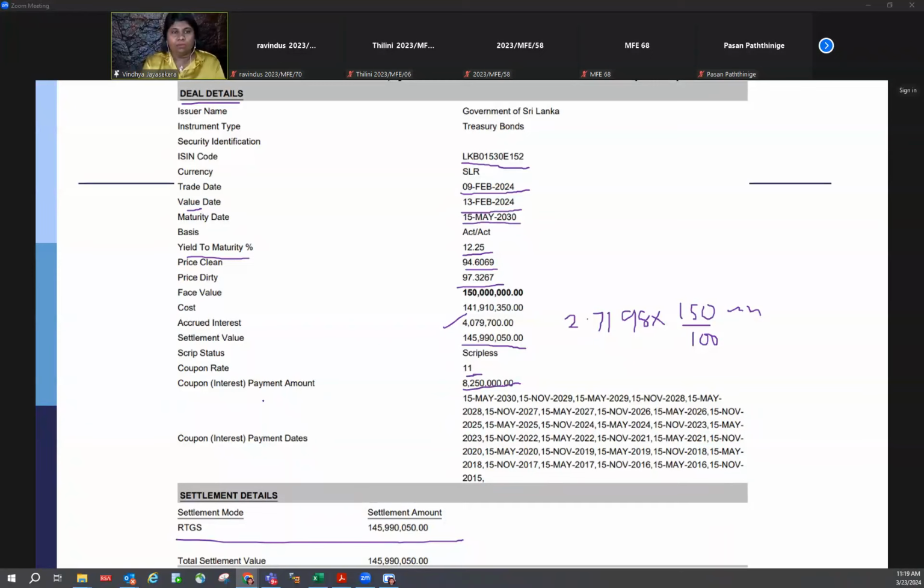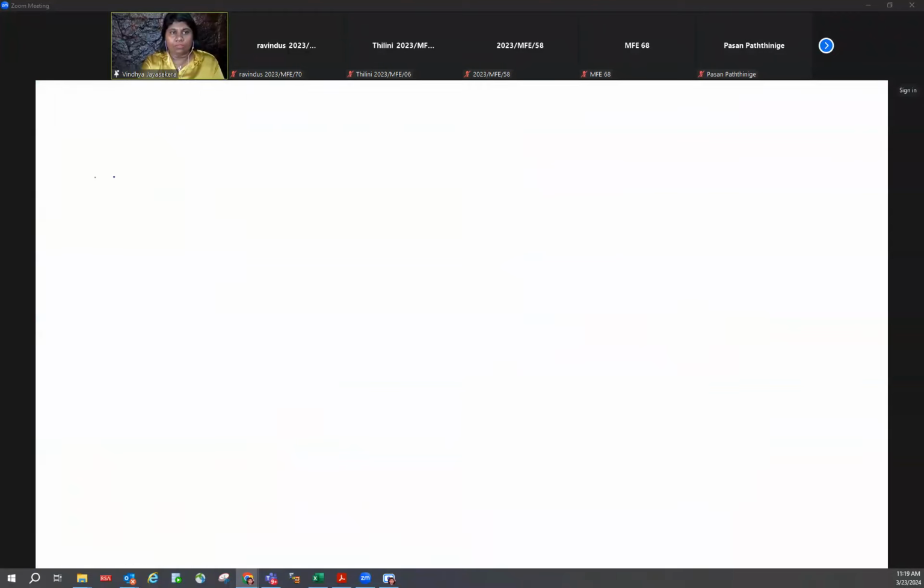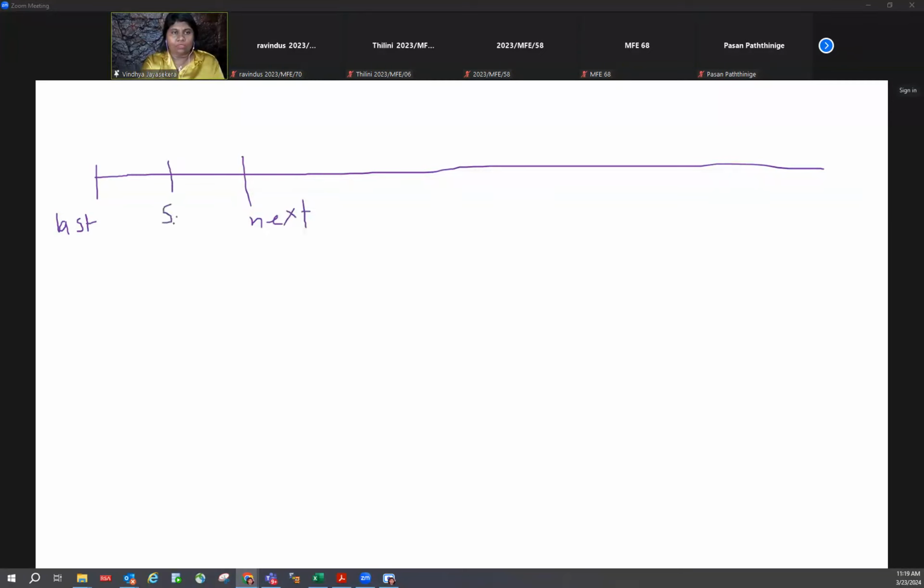So you can see here what's important to us. How do we do this? When we have a sum of a bond trading in between periods, what do we do? We look at what is the last coupon date, what is the next coupon date, right? We look at what is the settlement date. Trade date is not as important as the settlement date, because it's to the settlement date that we do the sum.